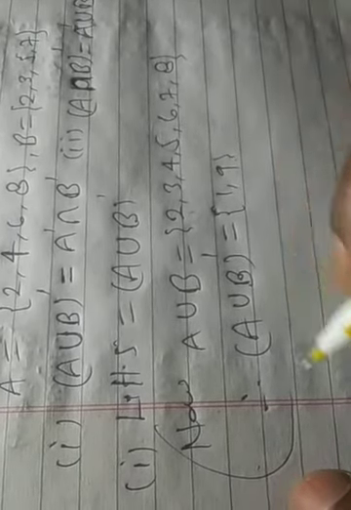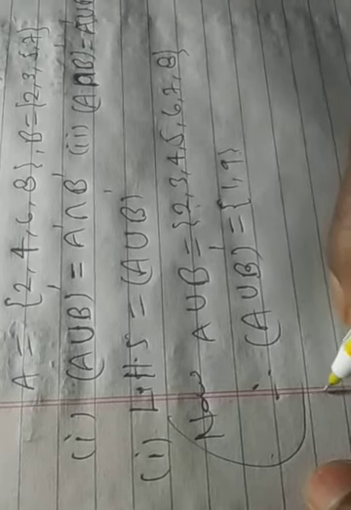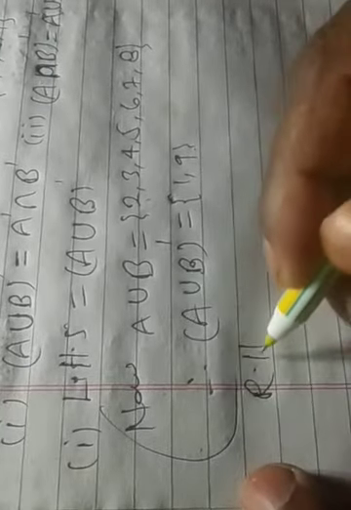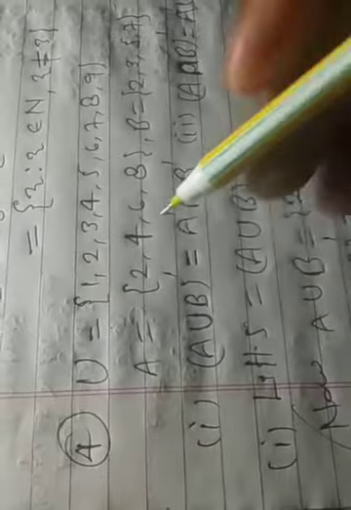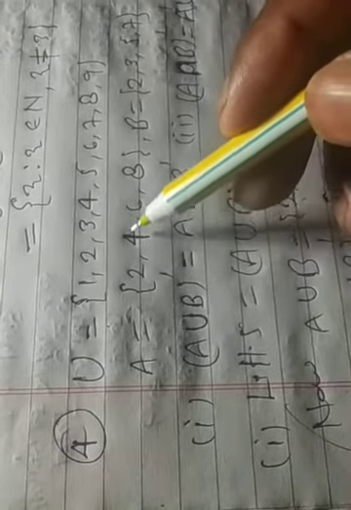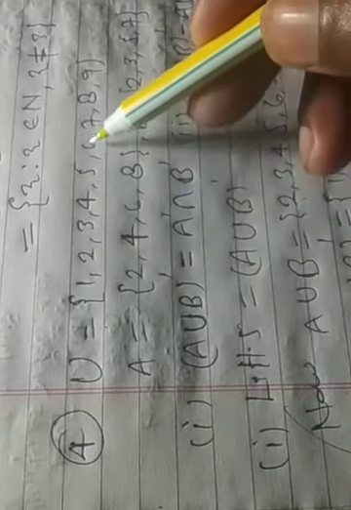Also the right hand side is A dash intersection B dash. Now what is A dash? We have to remove 2 4 6 8 from the universal set, and we can write 1 3 5 7 9.